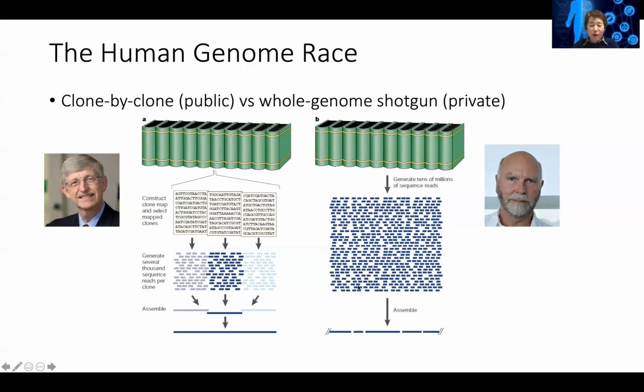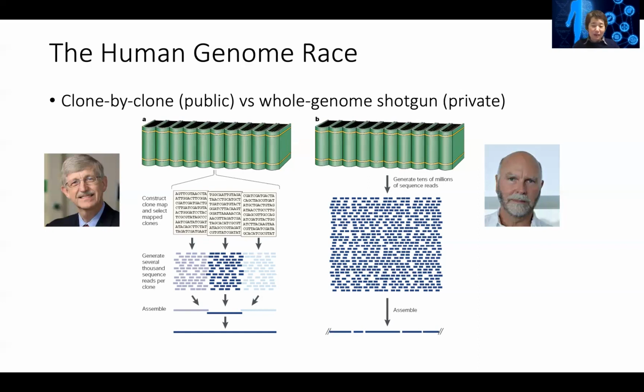So this actually created a lot of pressure on the public effort, because the private effort eliminated the really time-consuming and laborious process of dividing this genome into smaller chunks and sending it to different genome centers. But at the time, the private effort also claimed that they could do it faster and cheaper, which the public effort initially was kind of skeptical about.